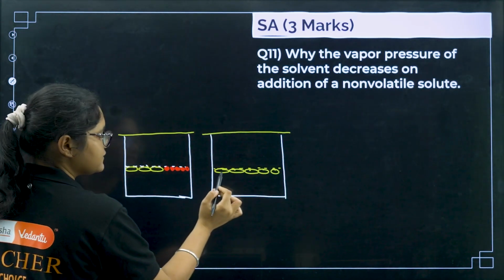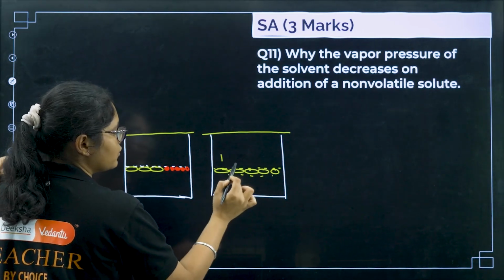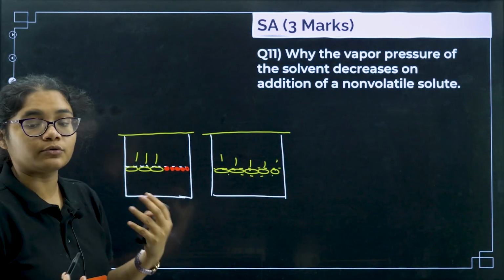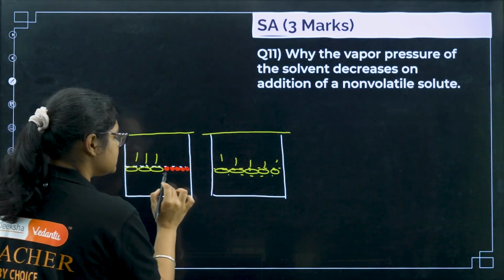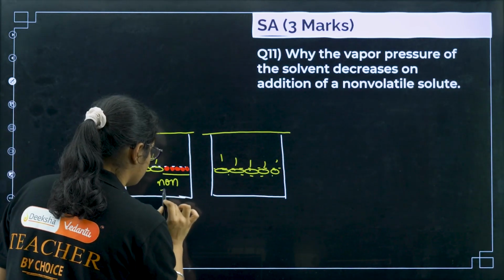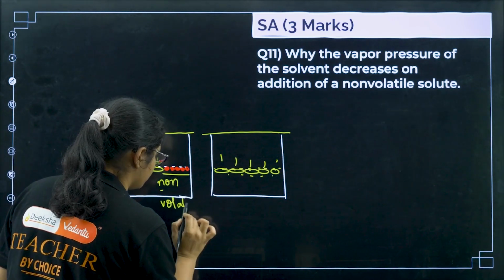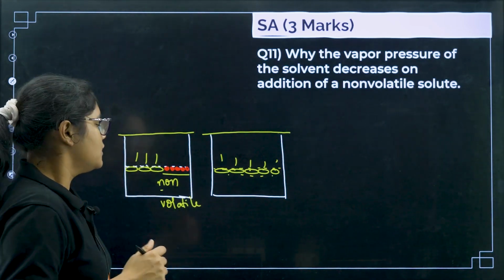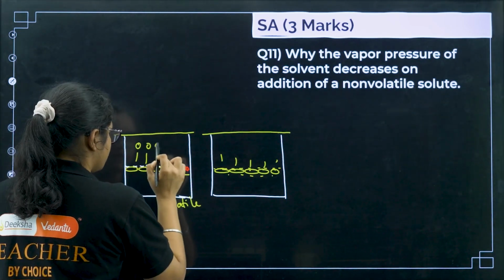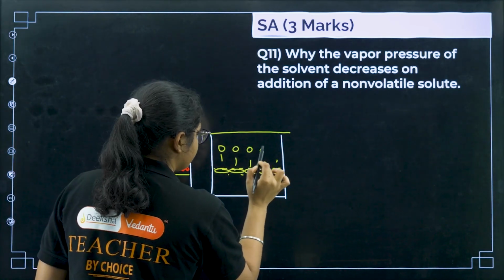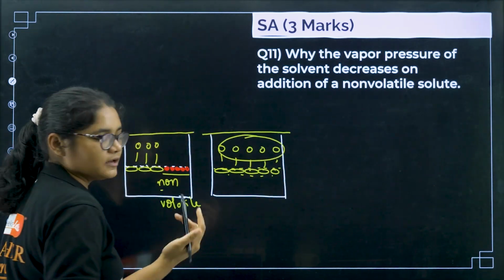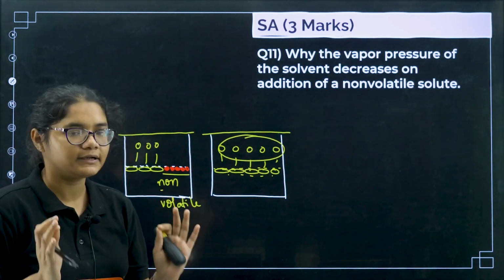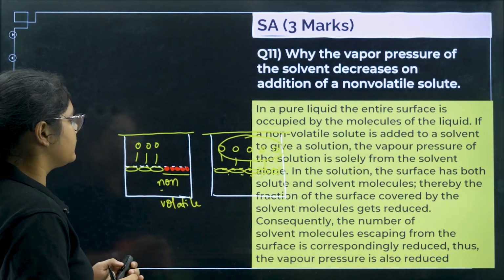So in this case there were 5 particles which can go to the vapor phase, but here only 3 particles can go to the vapor phase. Why will these not go? Because these are non-volatile, which cannot evaporate. So here we will get vapor of 3 and here we will get vapor of 5. So definitely vapor pressure here will be more. When you add a non-volatile solute, the vapor pressure will definitely decrease, right? So that is the reason you can see here.